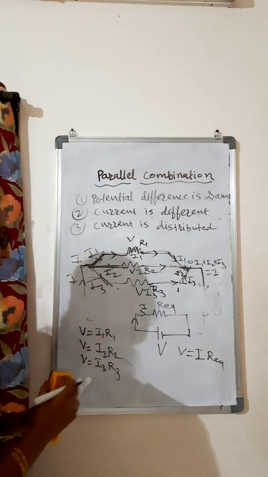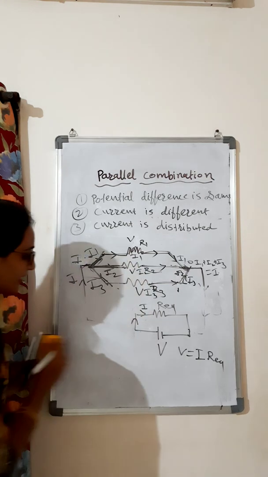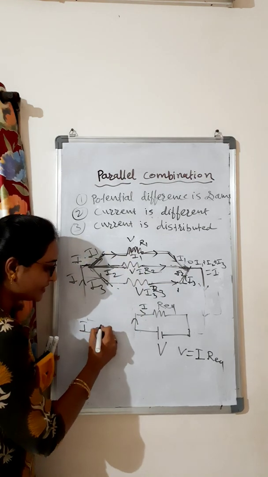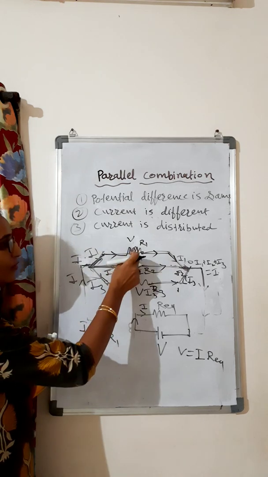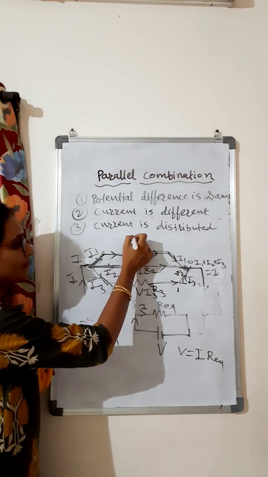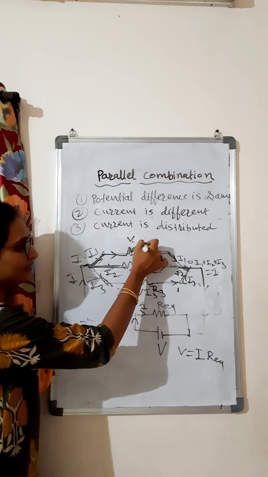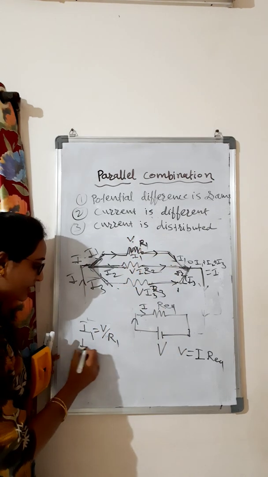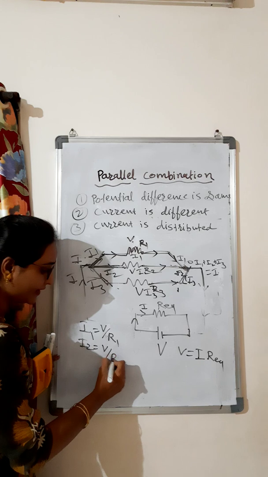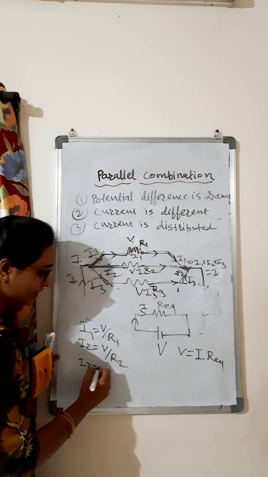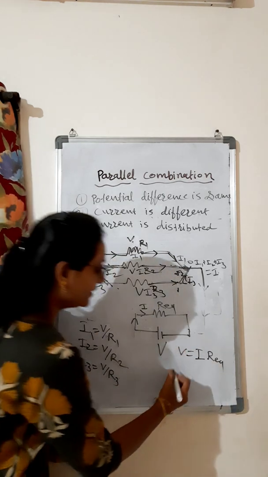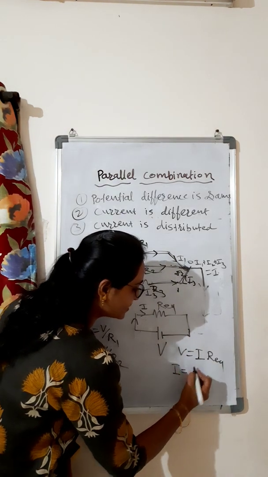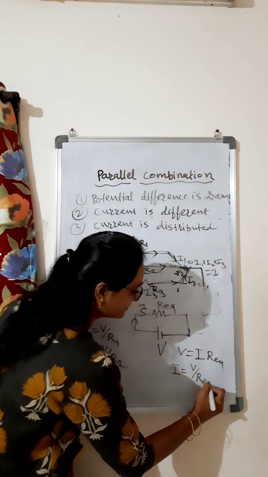V are the same. So you can calculate current: I1 is equal to V by R1. Right, here how much current is going? How will you calculate? V, the potential difference, and this is R1. I2, how much are you getting? V by R2. I3, how much are you getting? V by R3. And from here, I will be equal to V by R equivalent. Right?